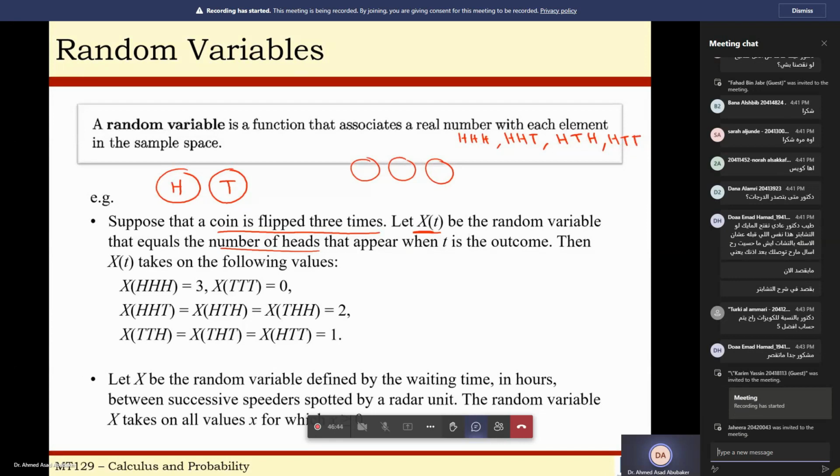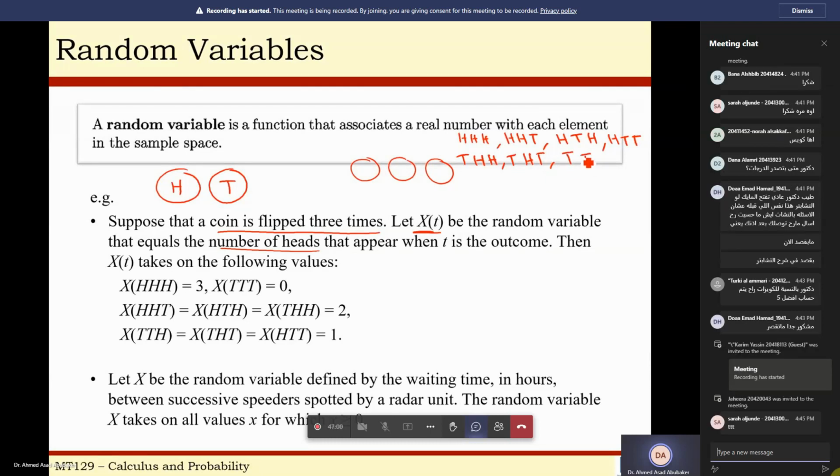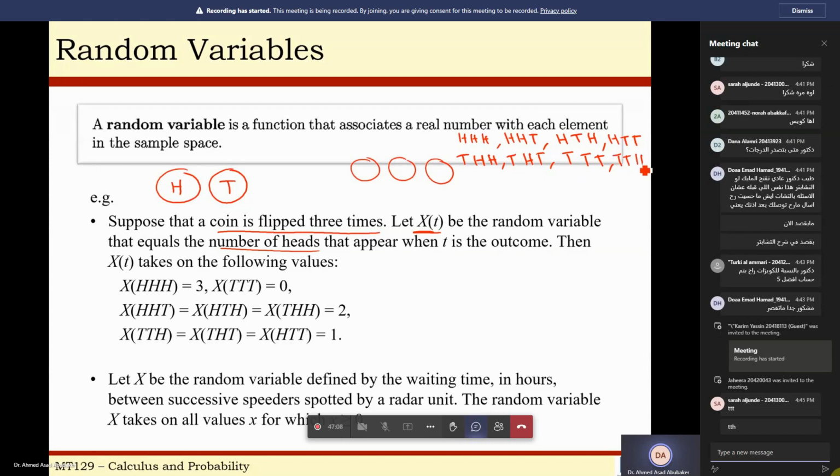This is the fourth. Then THH, THT. Also we have TTT. Also we have TTH. Okay, these are the 8 outcomes.